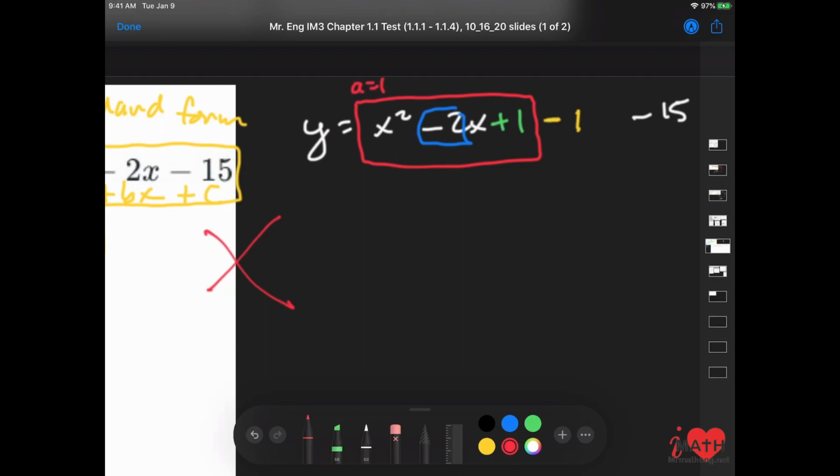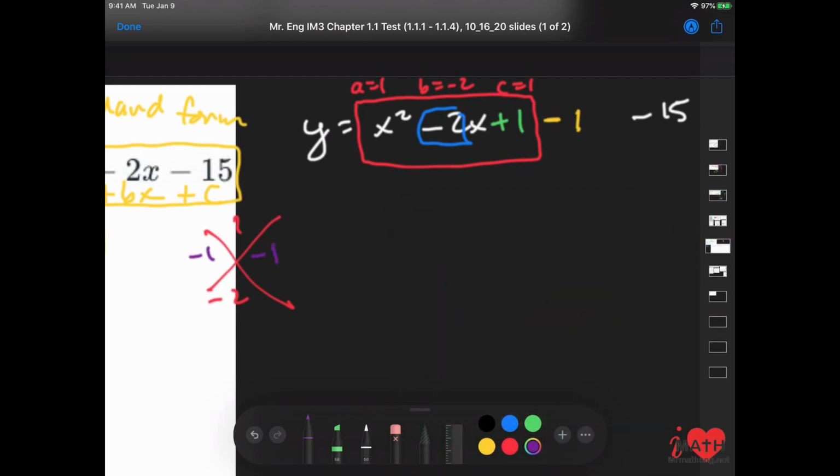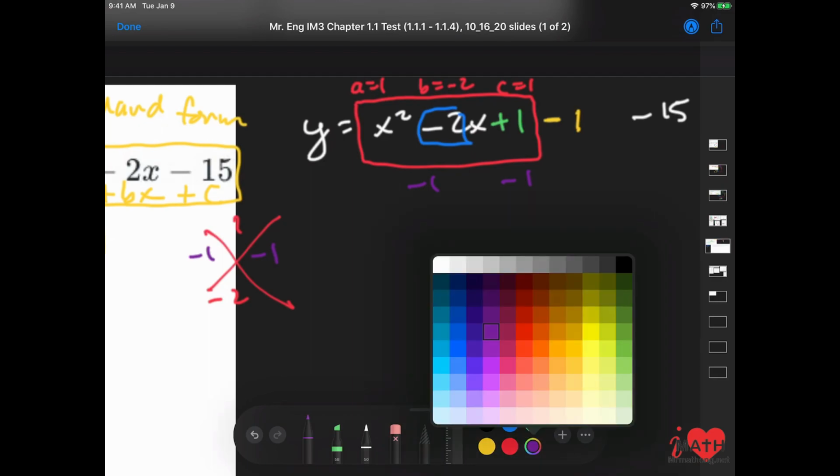A is 1, B is negative 2, and C is 1. A times C is 1, B value is negative 2. What are my two numbers? My two numbers are negative 1 and negative 1.